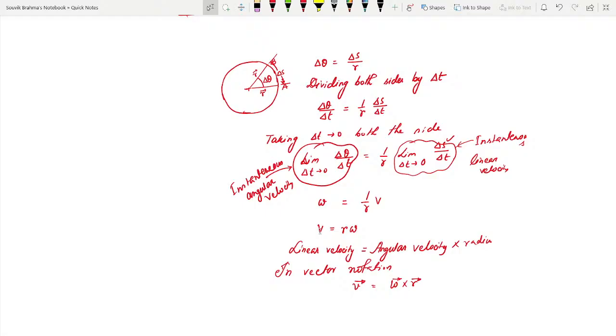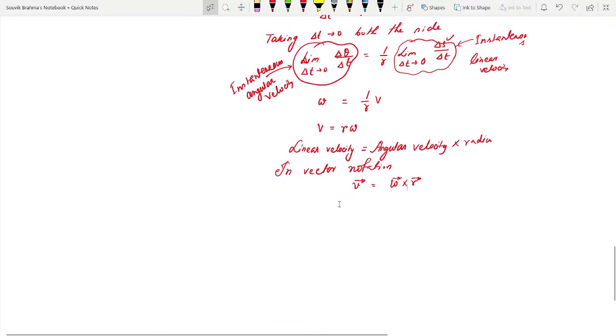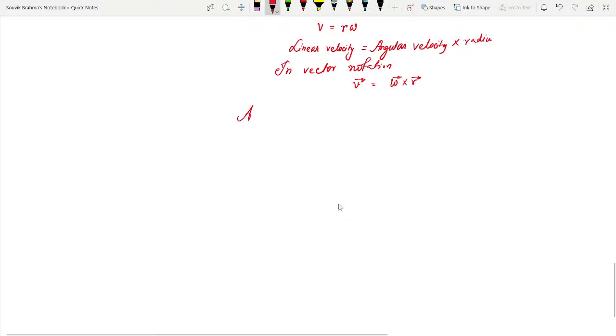Okay, now we'll see angular acceleration. Angular acceleration is denoted by alpha, which is equal to change of angular velocity with respect to change in time.